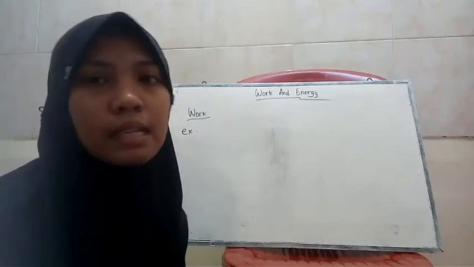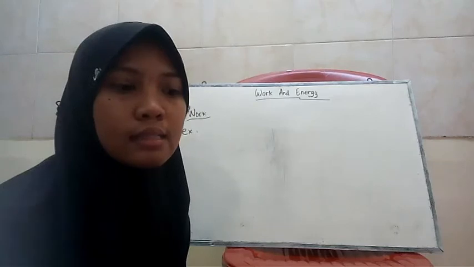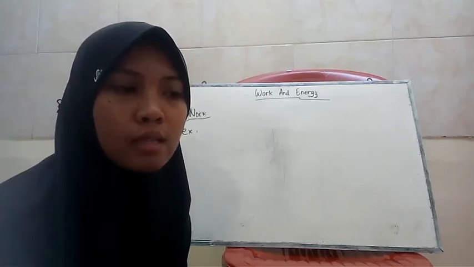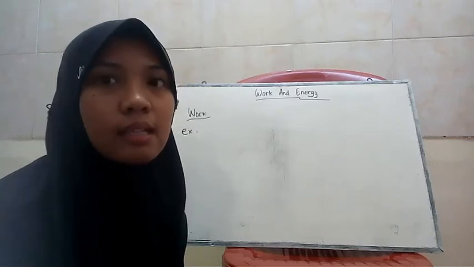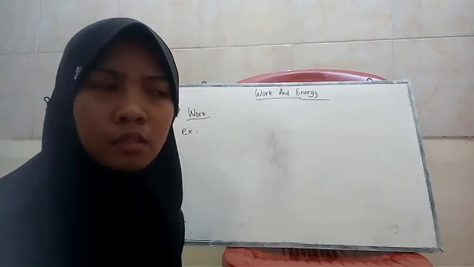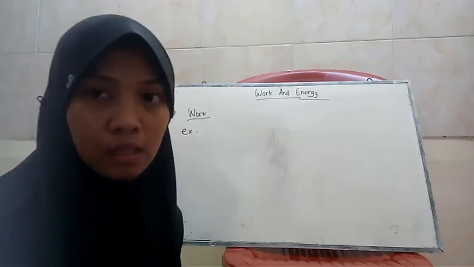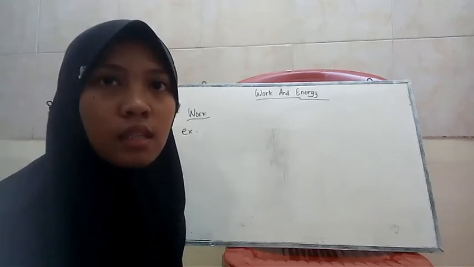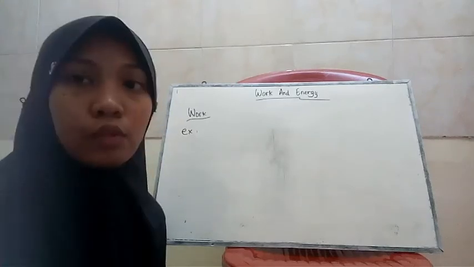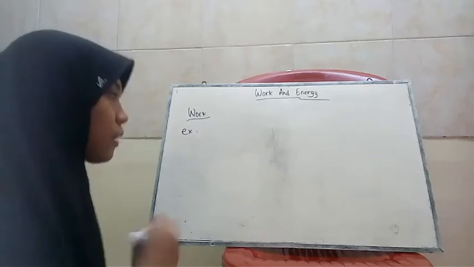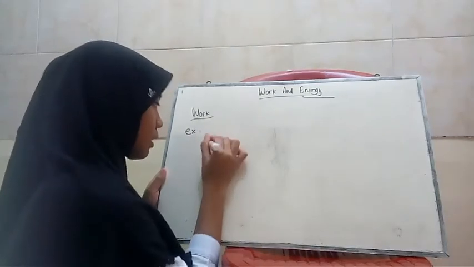For example, there is an object that has a force 20 newtons and its displacement is about 50 centimeters. The question is, count the work force exerted. So in here we want to know the work. The first we must draw the picture.